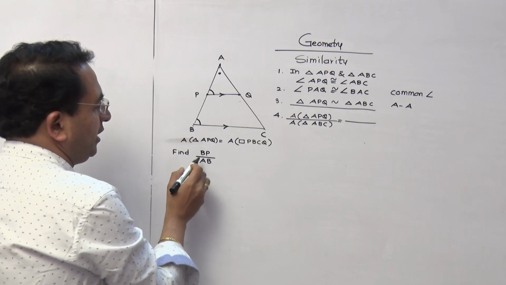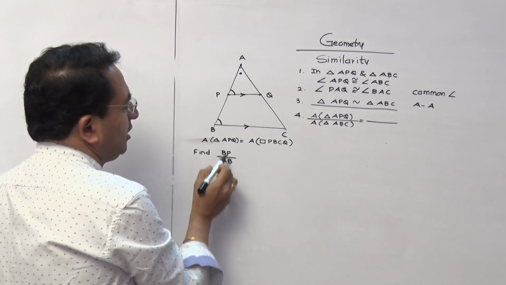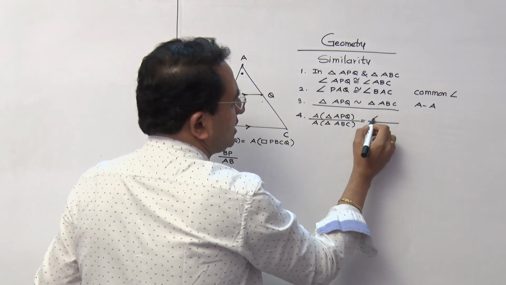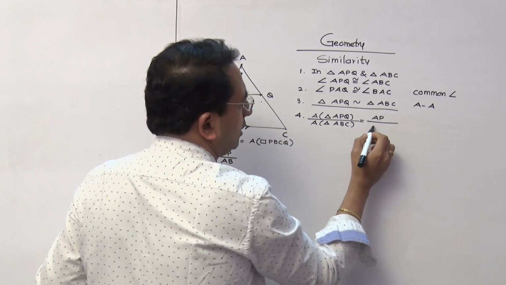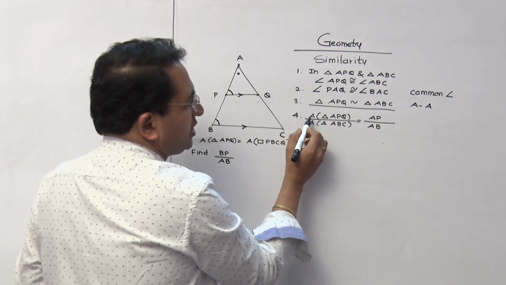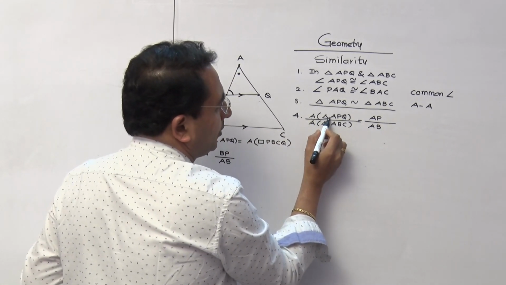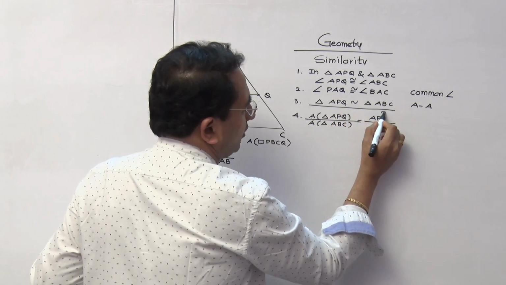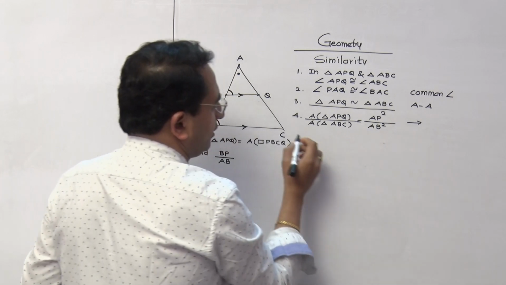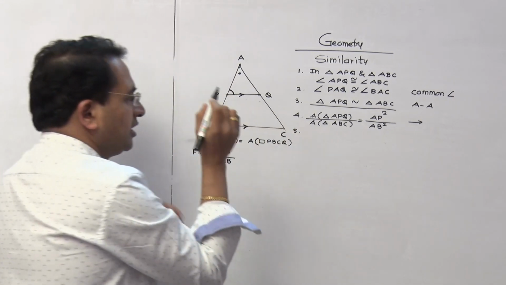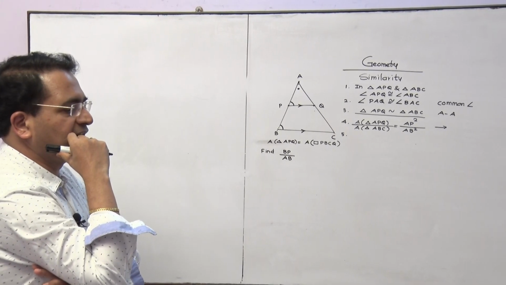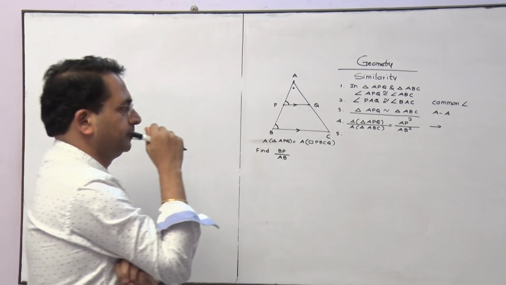now what I will write, I want BP upon AB, means this side we want. So I am going to write this as AP and this is AB, but this is wrong. This is the area of triangles, but the triangles are similar. That's why we have to write it like this. Here we have to write down that reason. What is the reason? Theorem of ratios of areas of similar triangles.